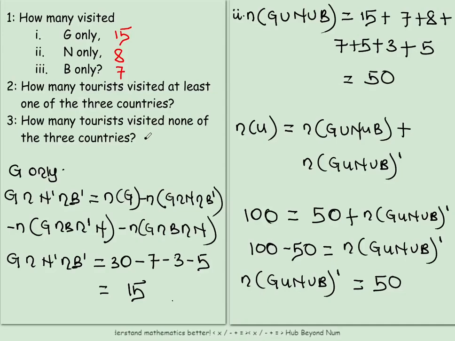So it simply means that 50 tourists visited none of these 3 countries, and it's as simple as that. This is just a sample of how we solve 3-set problems. I would put emphasis on the fact that if you are able to understand the various portions and know your formula, it is easy going.